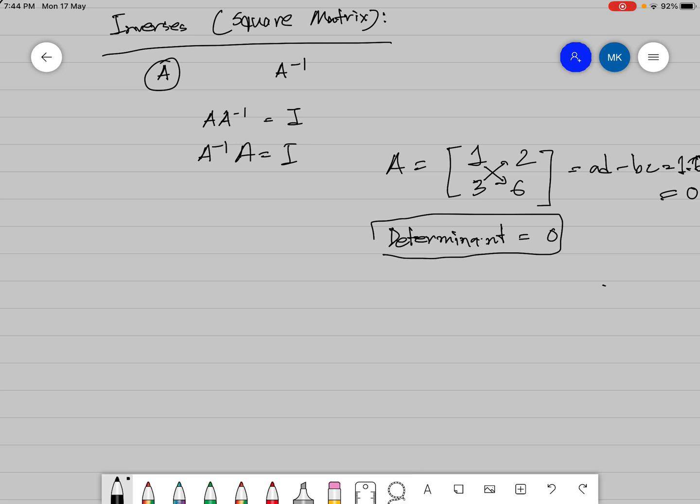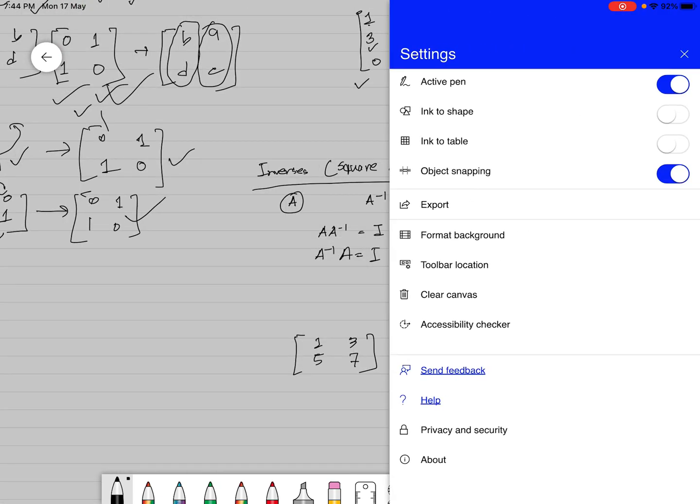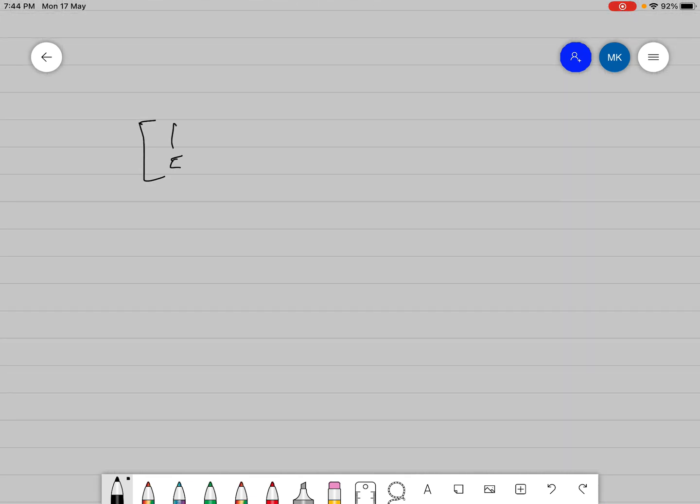So if we have a matrix 1 5 3 7, the transformed I cap lands on 1 5 and transformed J cap lands on 3 7.